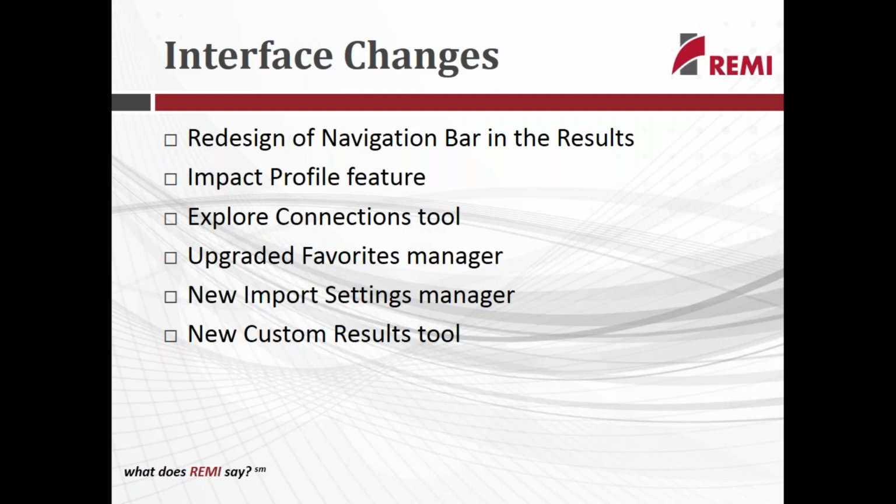Second, we've got an impact profile feature. This is a useful dashboard that economic development professionals or policymakers can take a quick glance at to get a very fast idea of what a policy variable shock might do to their regional economy and how it might affect economic competitiveness.